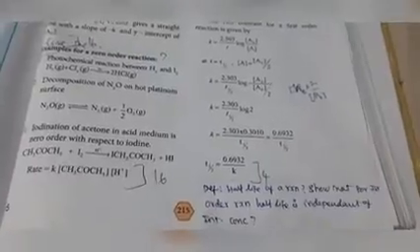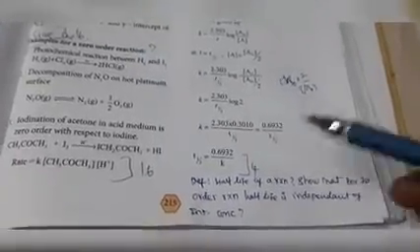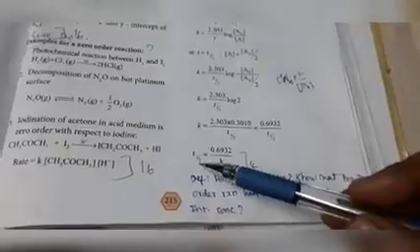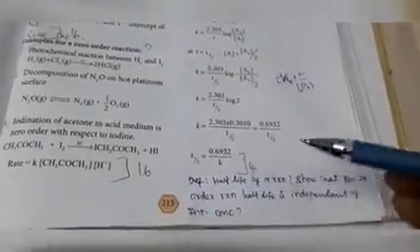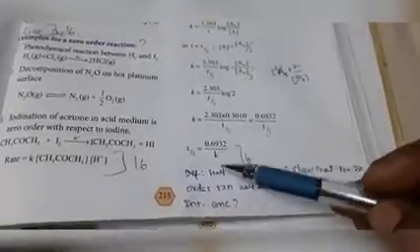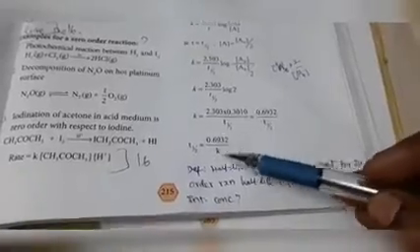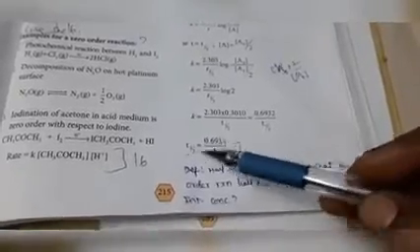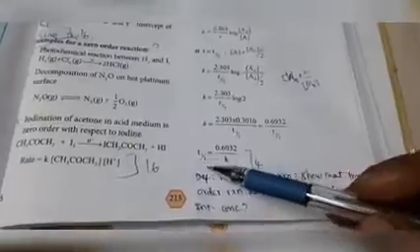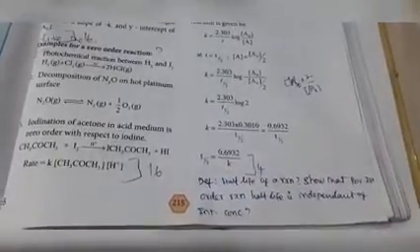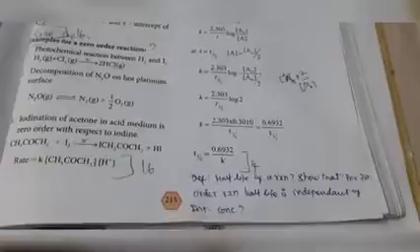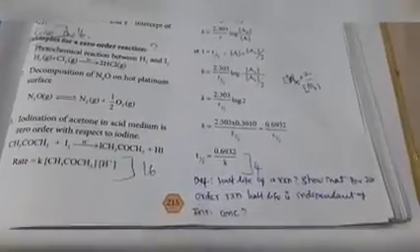It is independent of initial concentration, because this equation does not contain any concentration term. So only for first order reactions, the half-life period is independent of initial concentration. So this is another derivation.